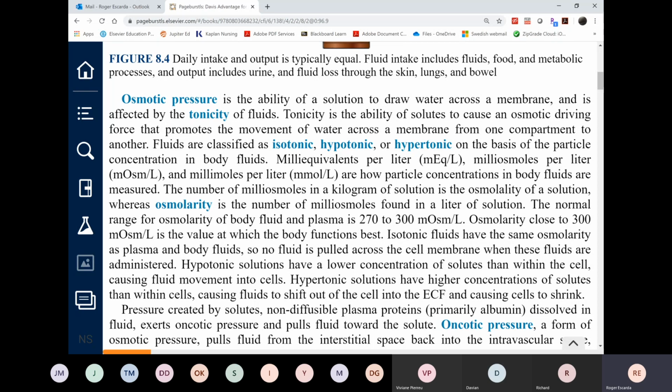So if your purpose is to simply improve perfusion by increasing blood pressure, by increasing preload, by increasing blood volume, you need an isotonic solution. This would be good for maintenance as well as for rescue or as part of initial therapy.